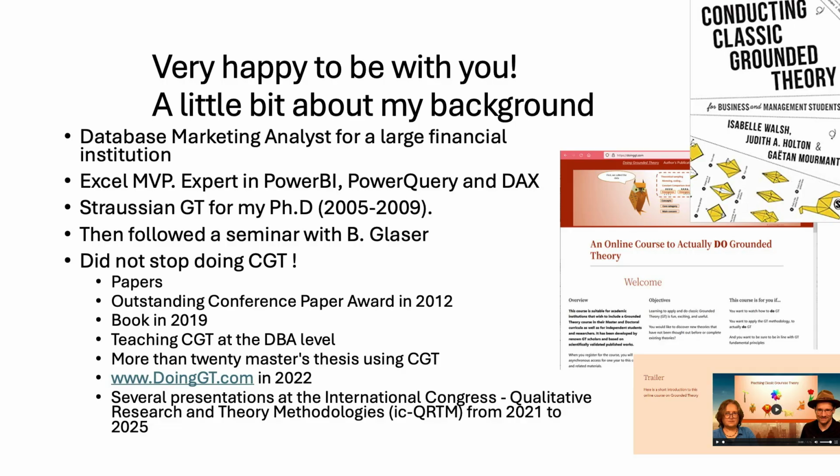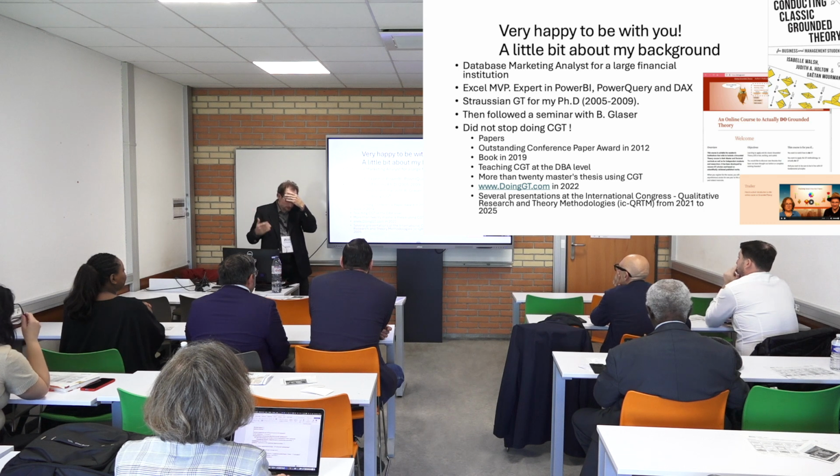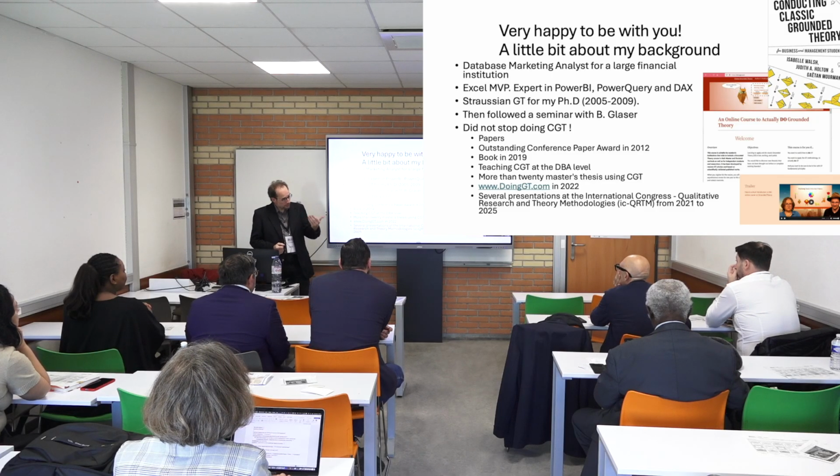Just a little bit to tell you where I'm coming from and why it's important. I'm coming from a statistical quantitative background, but I love doing qualitative analysis. Because I'm coming from that background and I'm still in it, I like to have everything well organized, and grounded theory applied to qualitative data is really good for that. You can apply grounded theory to quantitative data as well.